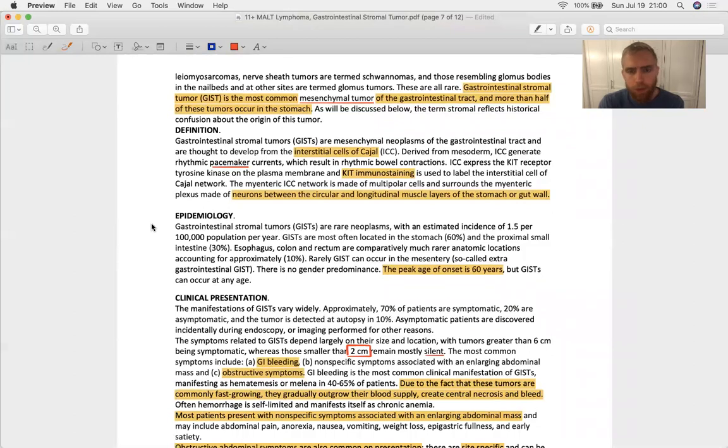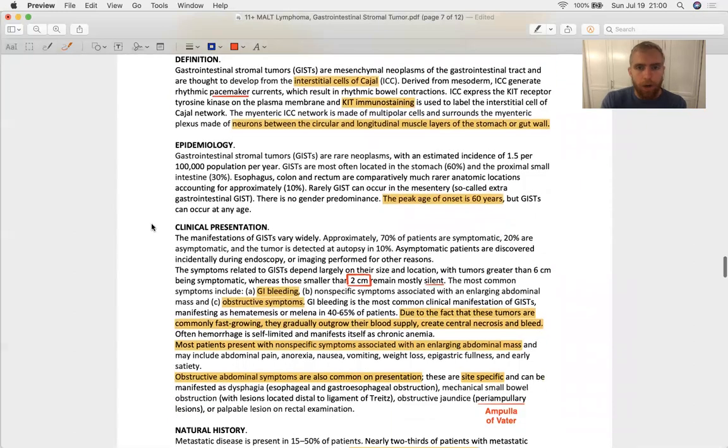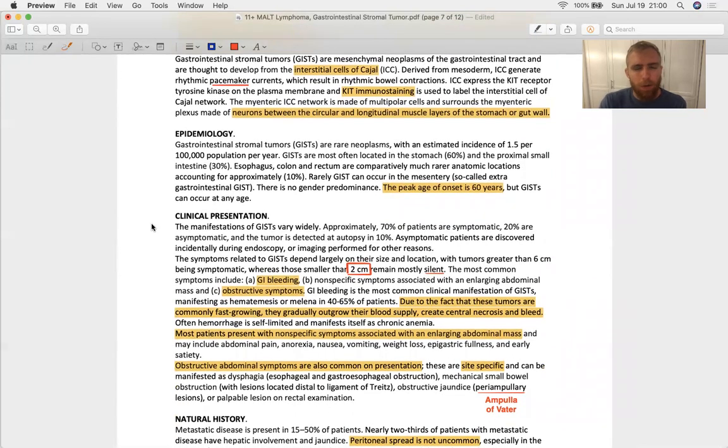The cells of Cajal themselves are something that will get hit on in one of the very first physiology lectures, I'm sure. What you need to know right now is that they're not neurons, but they do propagate action potentials. So they can take an action potential and pass it on to smooth muscle later down the line through basically gap junctions.